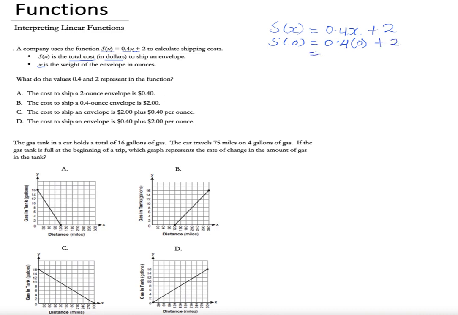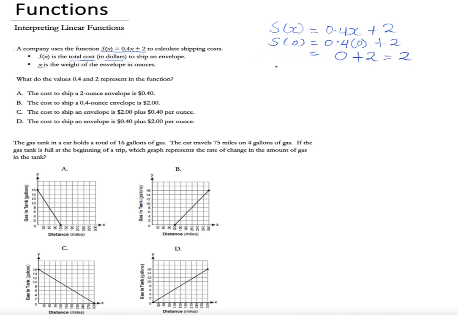If you multiply anything by 0, you get 0, and then when you add 2, your answer is 2. Now remember, x represents the weight of the envelope. I know this sounds weird, but if you're just going to mail an envelope that weighs 0 ounces, it will cost you $2.